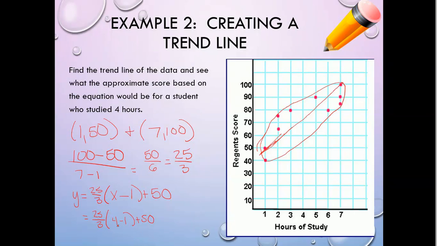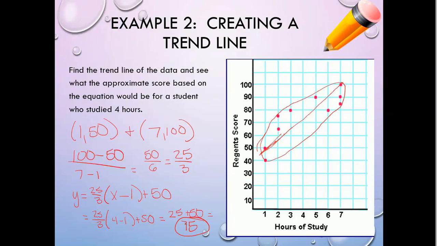Well, 4 minus 1 is 3, right? And 25 over 3 times 3 is just 25. So I'm left with 25 plus 50, or a Regents score of 75 would be an approximate score if we assume a student would study for 4 hours.